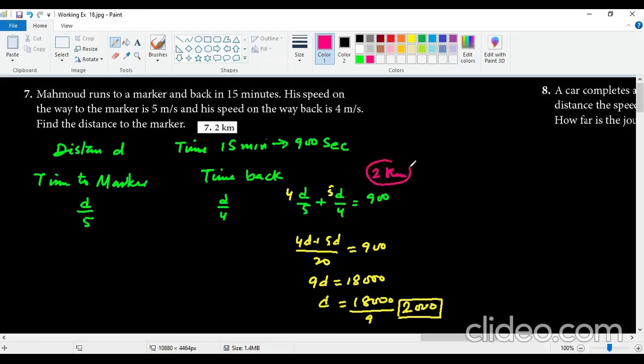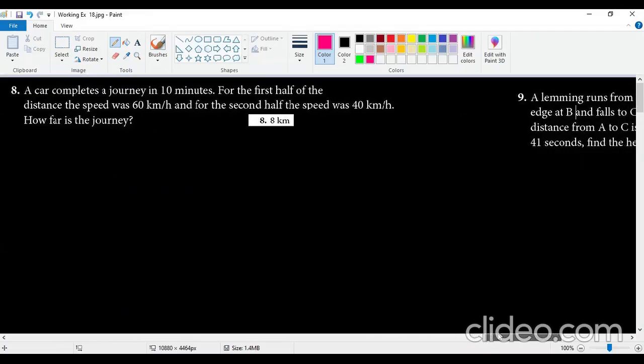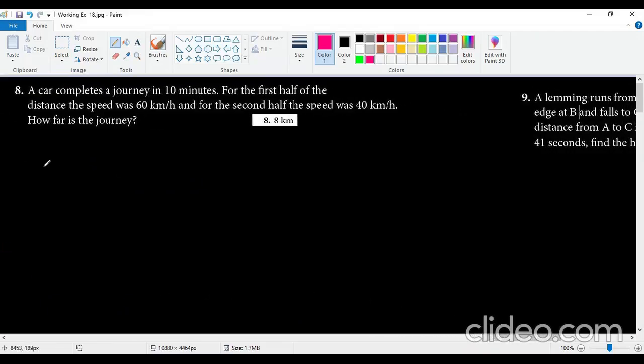Moving on to the next question. When it comes to question number 8, it says a car completes a journey in 10 minutes. For the first half of the distance, the speed was 60 kilometers per hour, and for the second half, the speed was 40 kilometers per hour. How far is the journey?